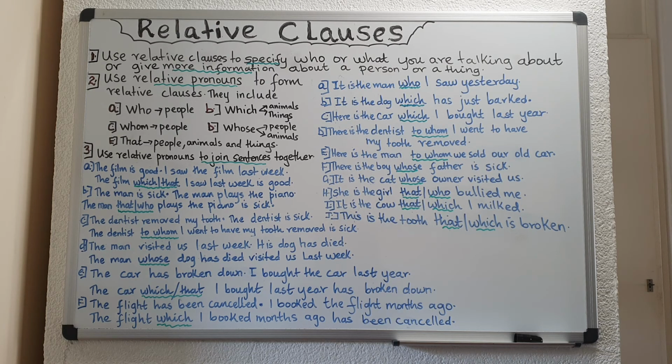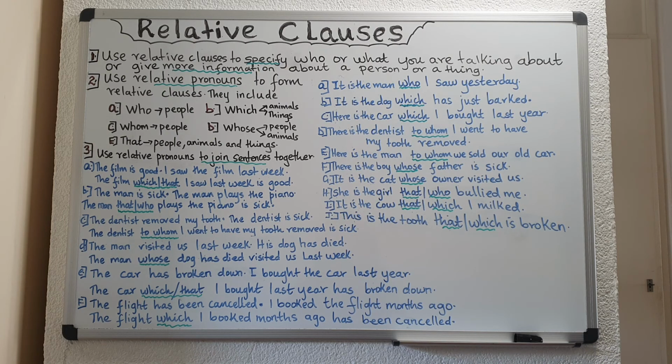Then look at E. Example 3E. The car has broken down. I bought the car last year. Okay? So, the car which I bought last year has broken down, or the car that I bought last year has broken down.